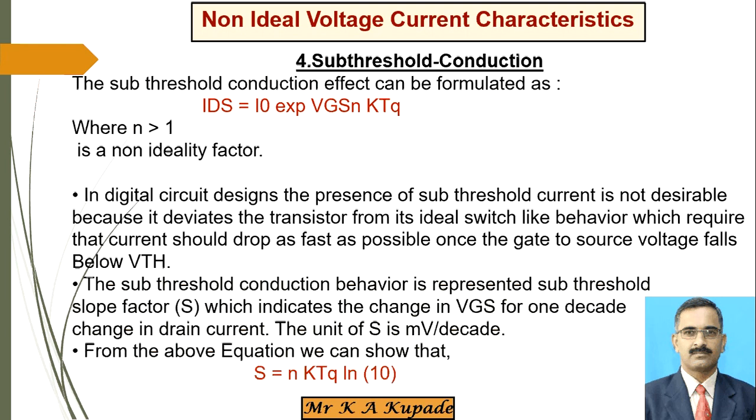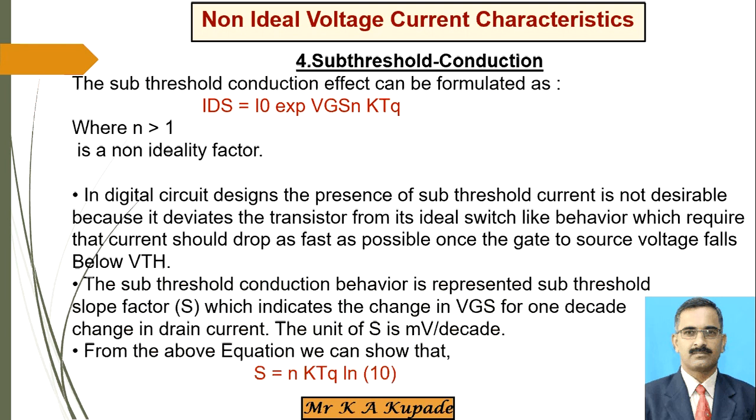Another thing is that the sub-threshold conduction behavior is represented by the sub-threshold slope factor S, which indicates the change in VGS required for a one-decade change in the drain current. The unit of S is millivolt per decade. From the above equation, we can show that S is equal to n kT/q times ln(10), the inverse log slope.